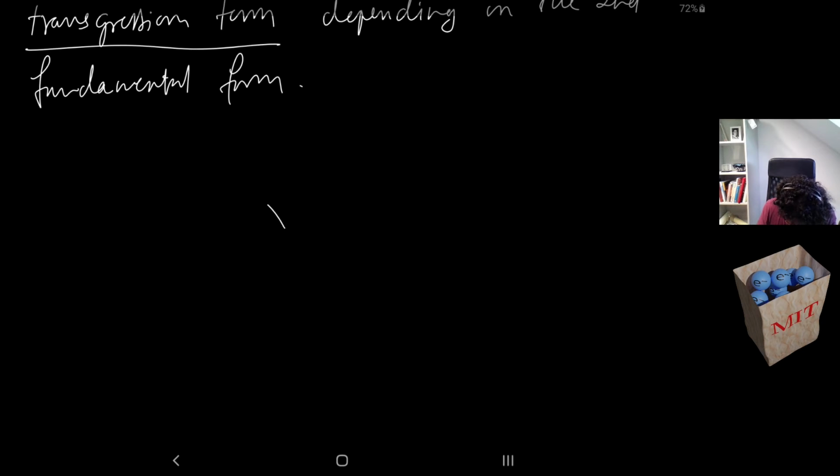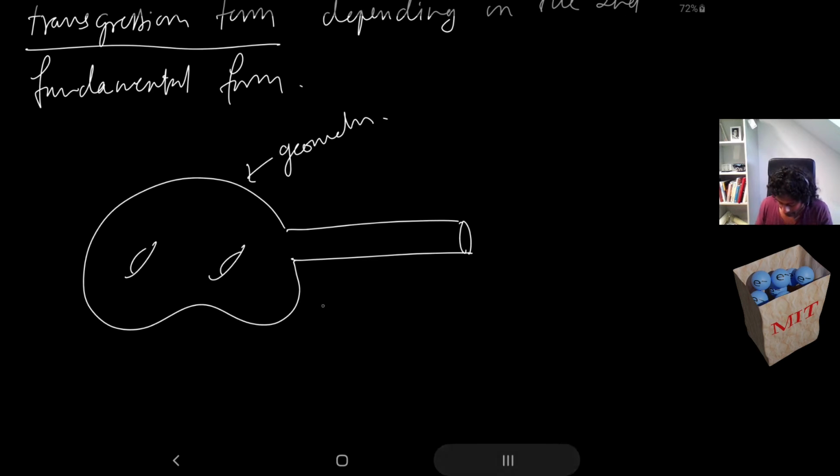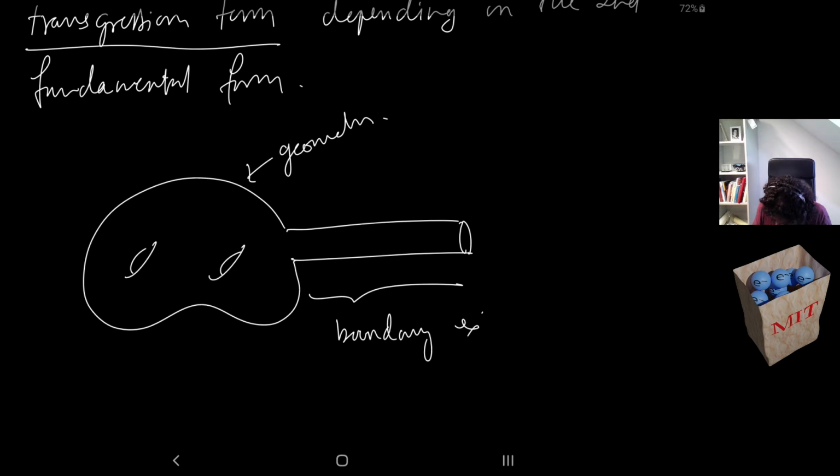In the inside part we have geometry, and here we have the boundary, extended to the interior. That's the way to think about it.